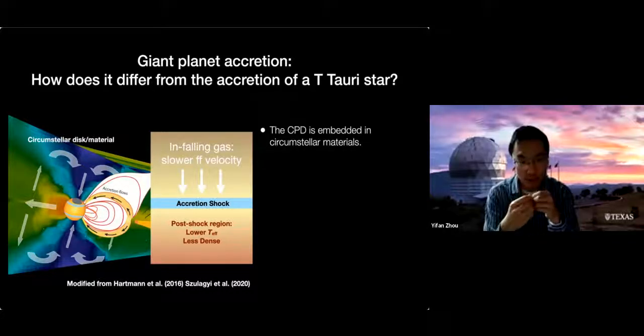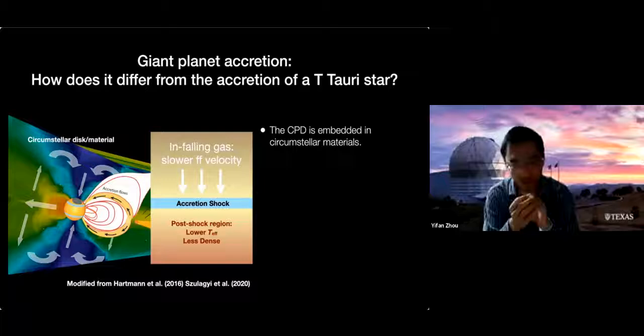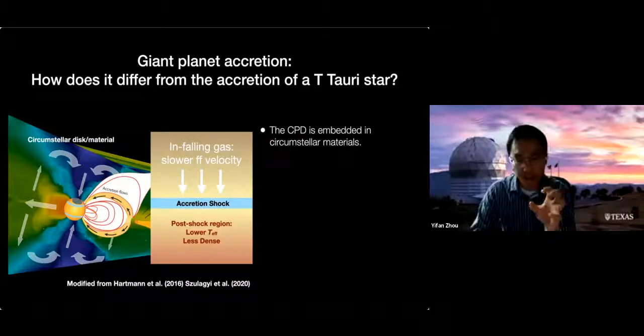This is supported by theoretical calculations, and rotation constraints suggest that the planet should have enough magnetic field to support such accretion. So we can think of it as a scaled down version of the stellar accretion, embedded in the circumstellar environment.